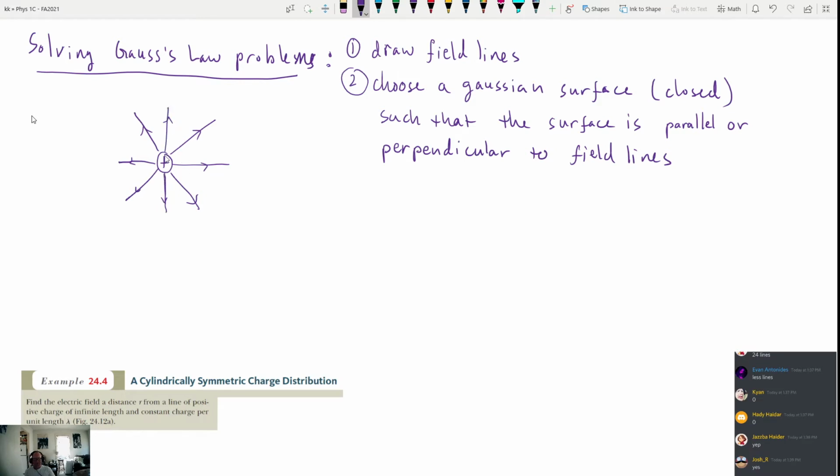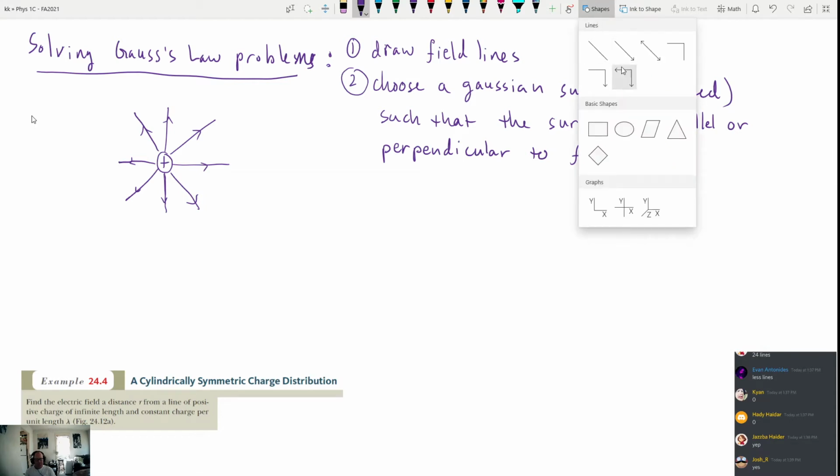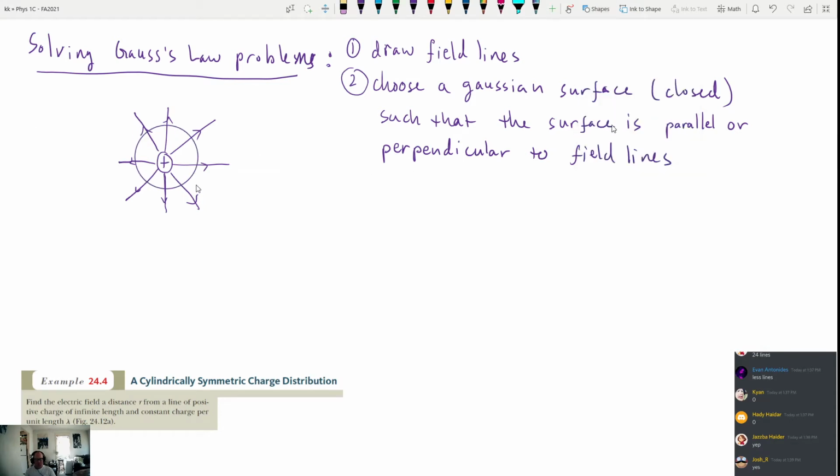Now, keeping in mind that for a point charge, the field lines are going to come out radially in all directions, then you could say that for a point charge, there's a type of spherical symmetry that's going on. And in order to create a surface that is perpendicular at every point to those field lines, well, there's really only one possibility, and that's a sphere. There's no way to make a surface that's going to be parallel to the field lines.